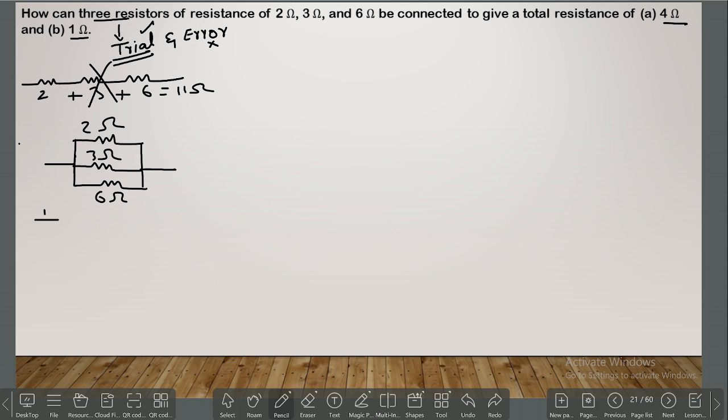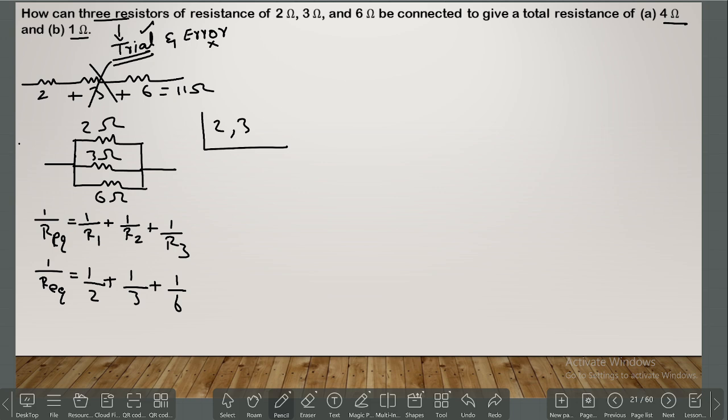What will be the net resistance formula? 1 by R equivalent is equal to 1 by R1 plus 1 by R2 plus 1 by R3. 1 by R equivalent is equal to 1 by 2 plus 1 by 3 plus 1 by 6. Take the LCM of all the three numbers, 2, 3, 6.